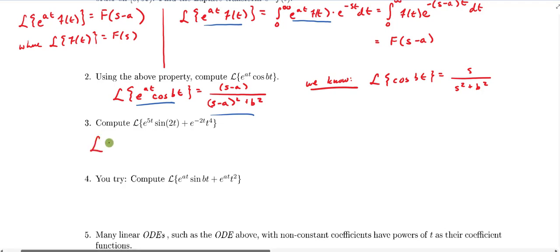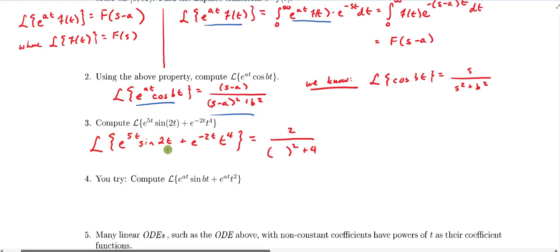Let's do the Laplace transform of e to the 5t sine 2t plus e to the minus 2t t to the fourth. I know the Laplace transform of the sine of 2t would be 2 over s squared plus 4, where that's b squared.